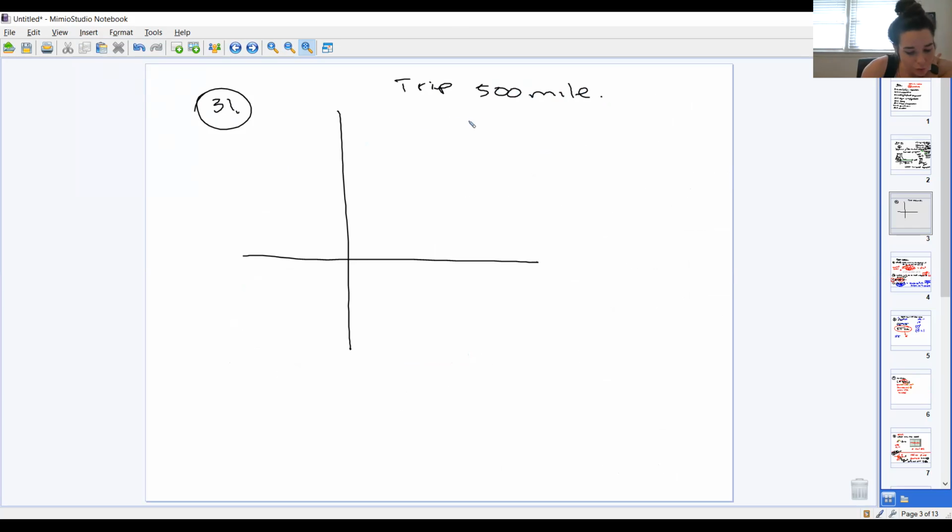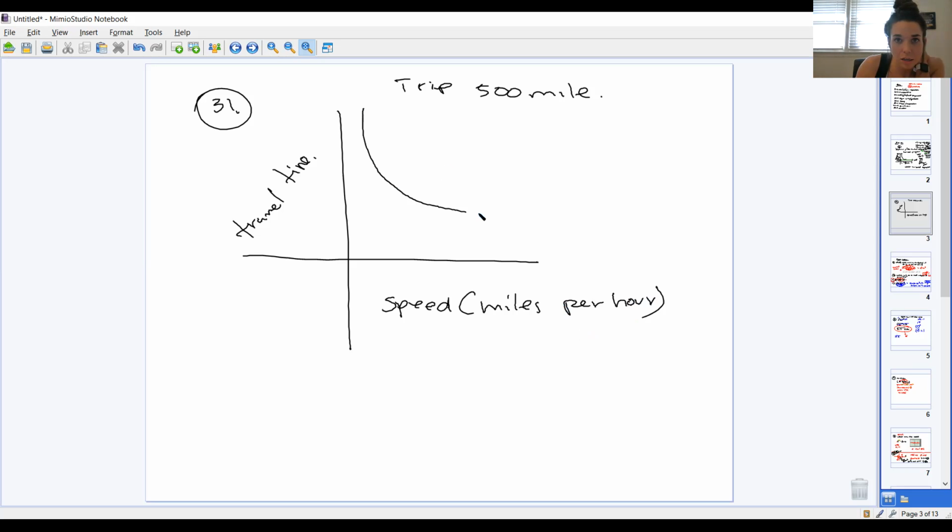So this is going to be the travel time, and then this is going to be the speed, or miles per hour. Okay, and let's say we got this awesome little doodad. So this is 20, 18, 16, all the way down. Let's say we went from 0 to 100 real quick.